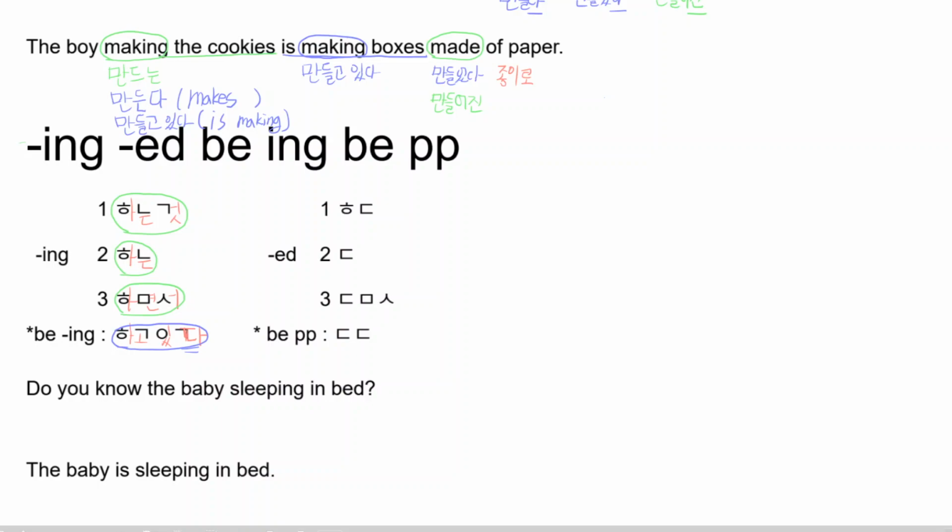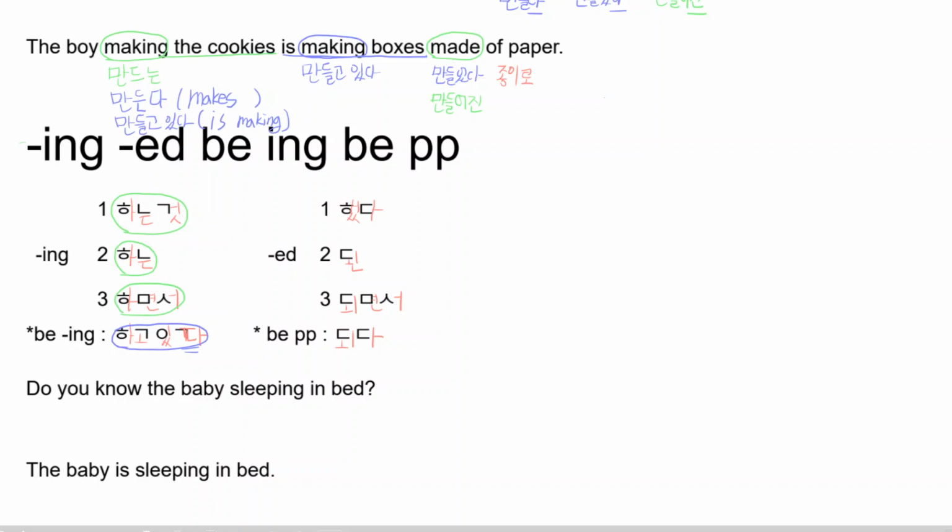Okay, let's move on. The ed form could mean 뭐뭐 했다, right? Or just 뭐뭐 된, or 뭐뭐 되면서. BPP means 되다.